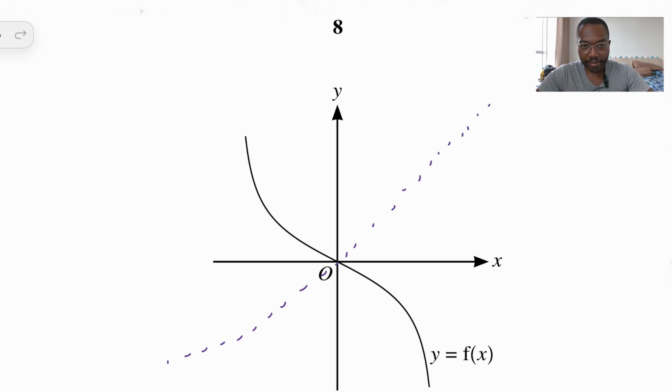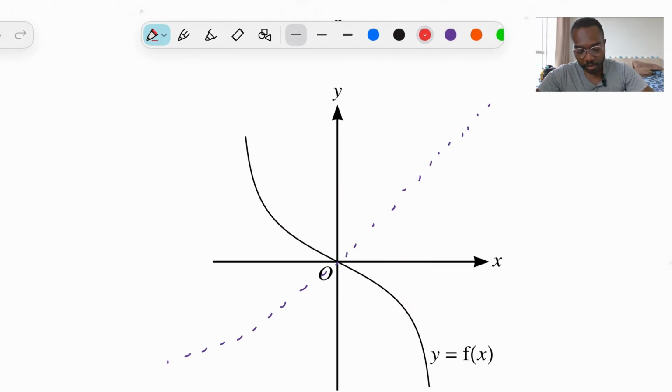And then this, when you flip it, is going to have more of an L kind of shape. So it's going to look something like this. It'll go through the origin, and then it will be something like this. A rough drawing, but that would be the y equals f of minus 1 of x line.